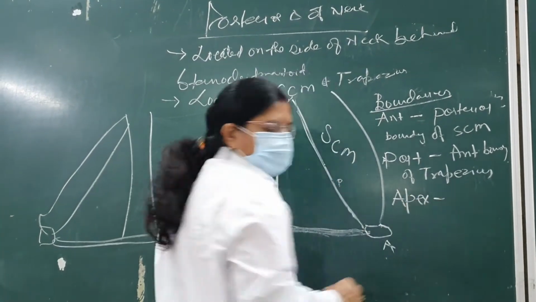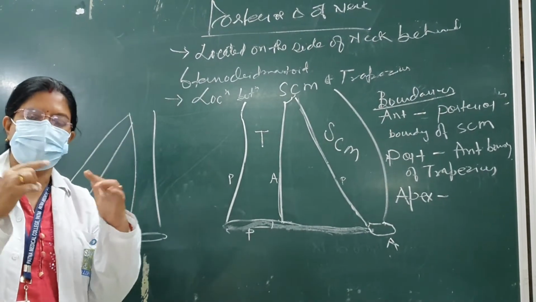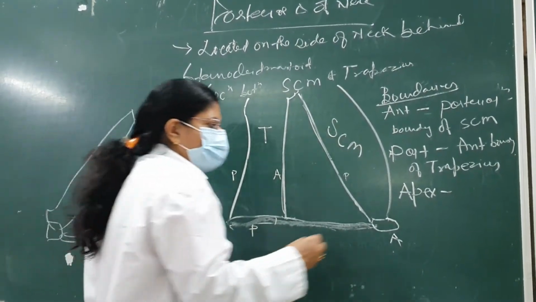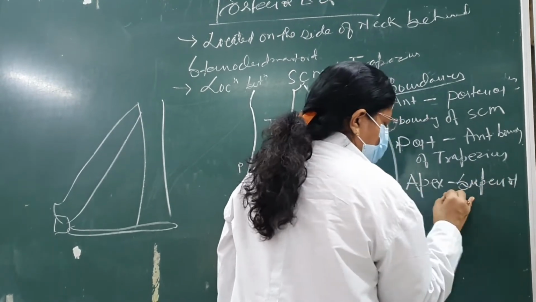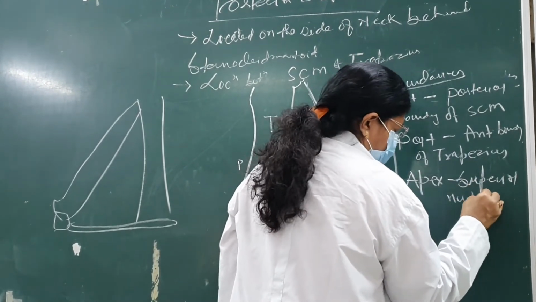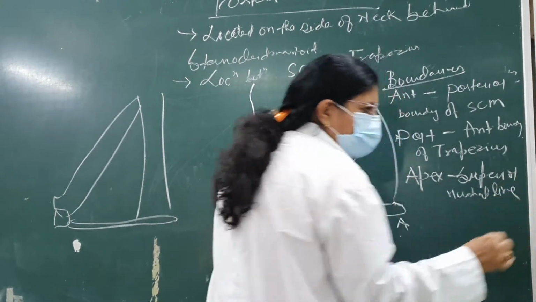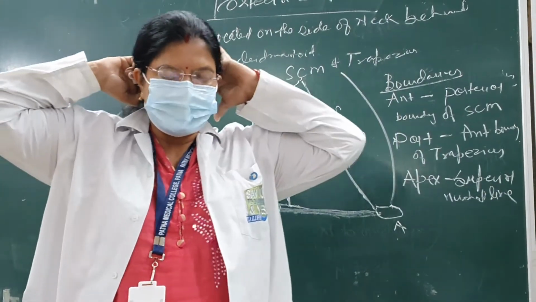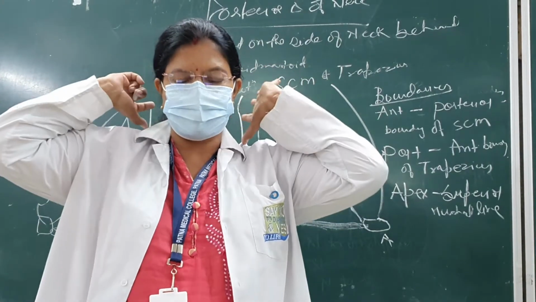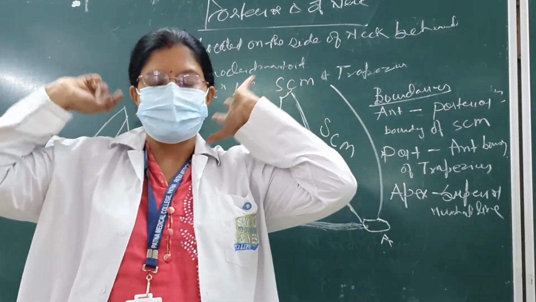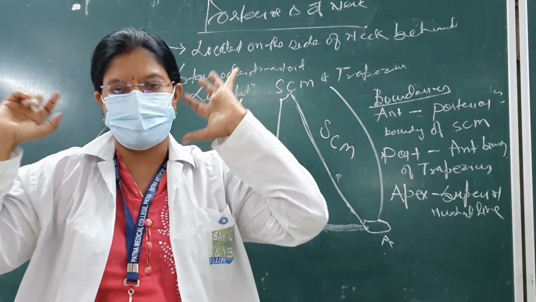The apex will be the point at which they meet at your superior nuchal line. We have discussed in the last class, in your occiput region there is an enlarged ridge-like structure or line on the back side of your skull, that is known as the superior nuchal line.